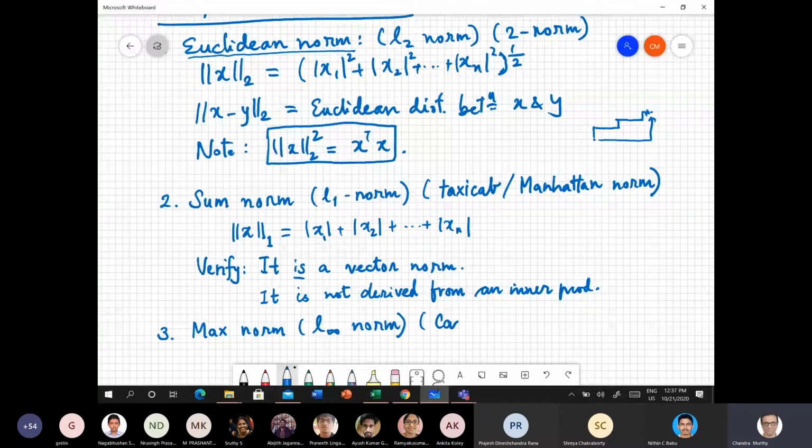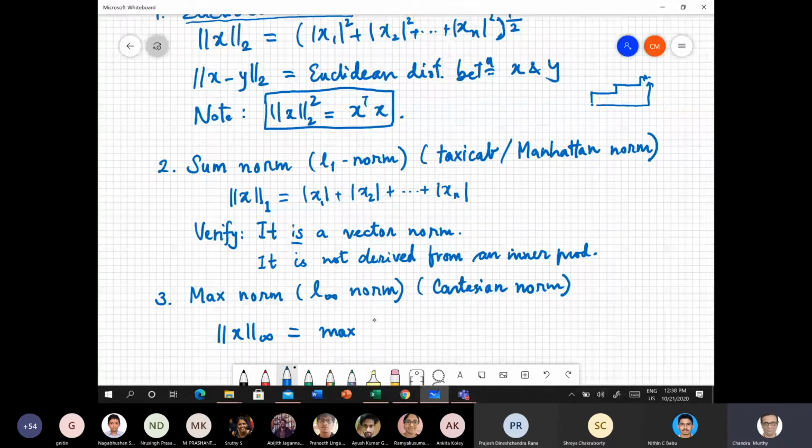And the reason for the subscripts will be obvious in a second. It's the max of the magnitudes of the entries, so it's the largest magnitude entry in x, that is the norm.